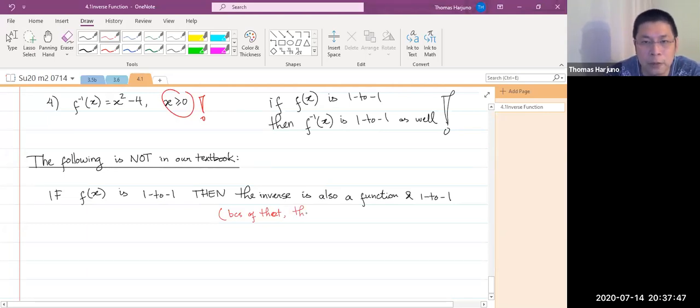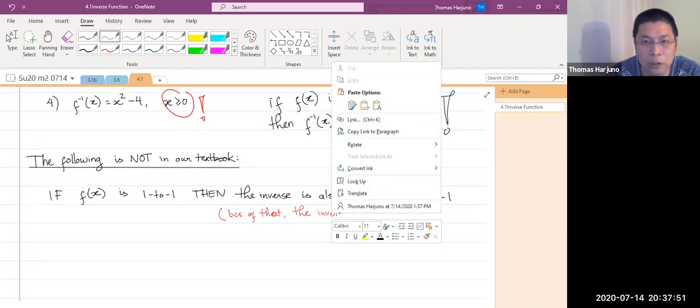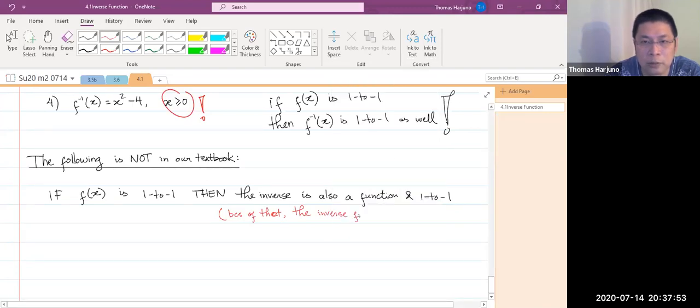The inverse, because it is also a function, right? Can use functional notation, f inverse x.